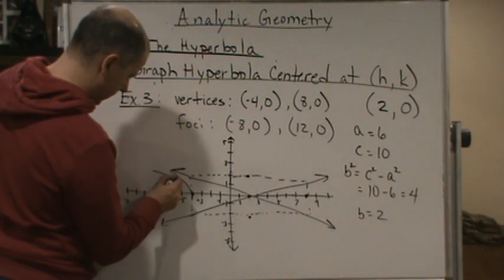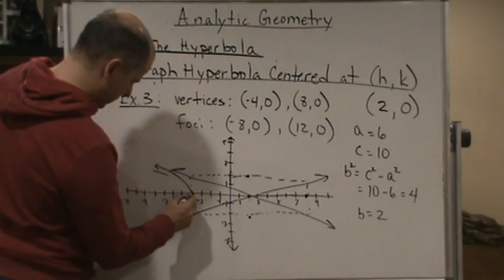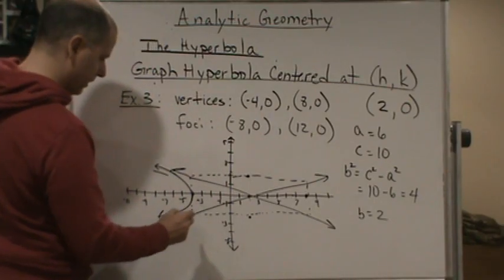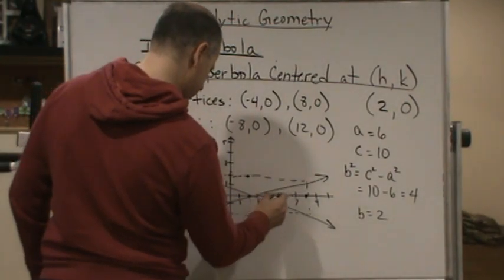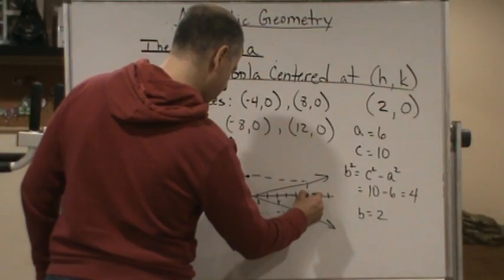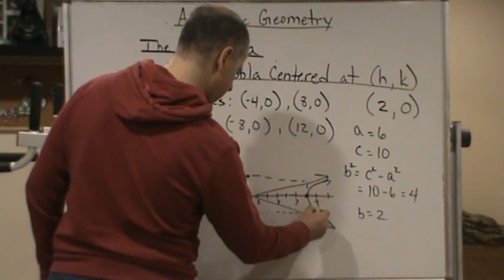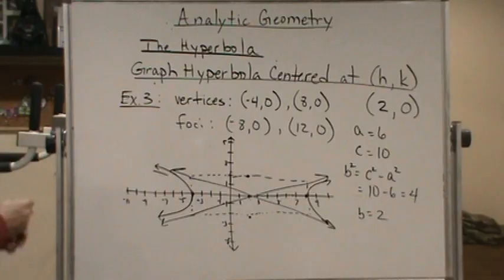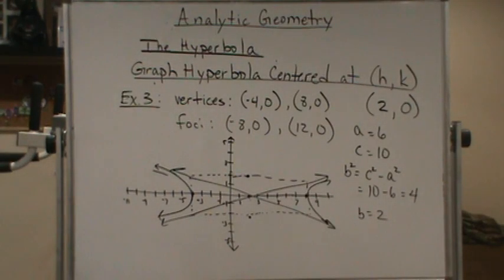So it's going to go like that and like that, and this is going to go like that. So it's very narrow. And I think that's all they wanted. What else did they want?